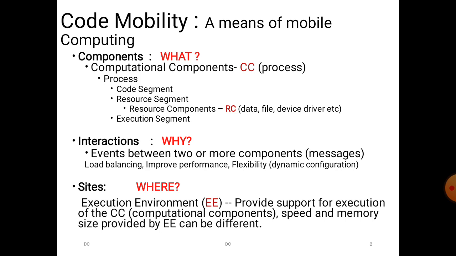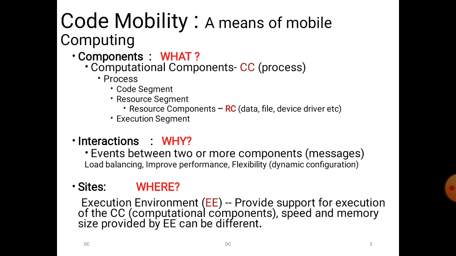This resource segment may have resource components, which may be data, file, device driver, etc. Then there is the execution segment, based on which execution takes place. So these are the components of a process.